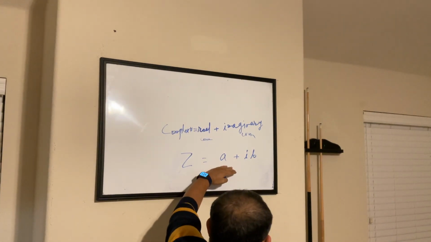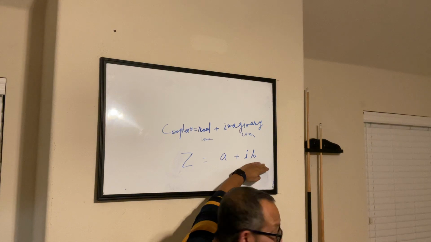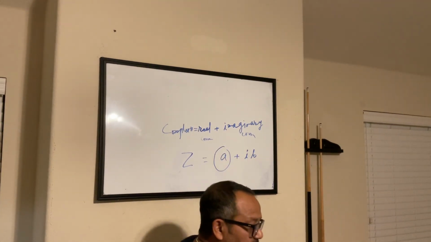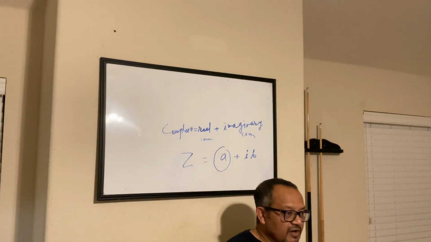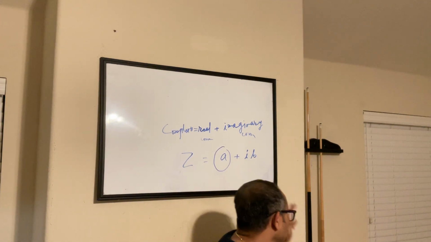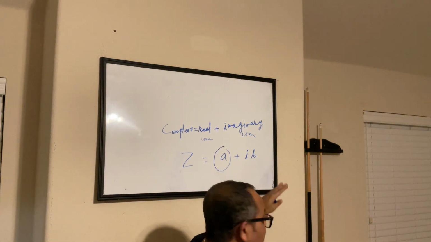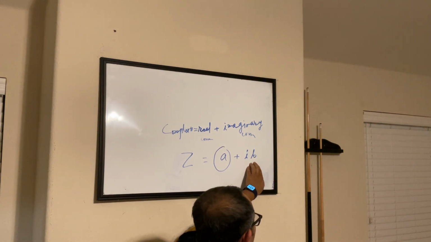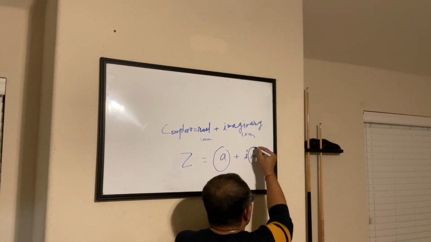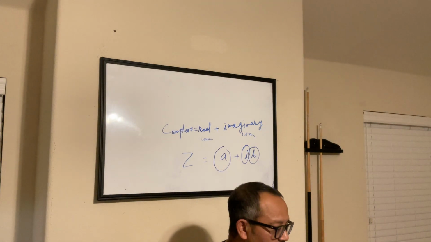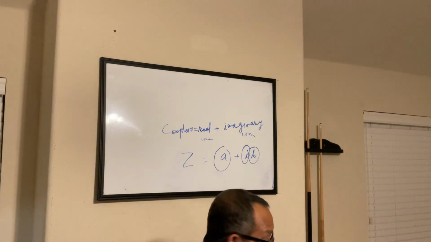A is your real component, this one is your imaginary component, and A could be any number that you can think of: 1, 2, 3, 4, 0.15, 1 by 6, 2 by 9, whatever is part of a number line. That can be plotted on a number line. This is the real piece which gets multiplied with the imaginary number.